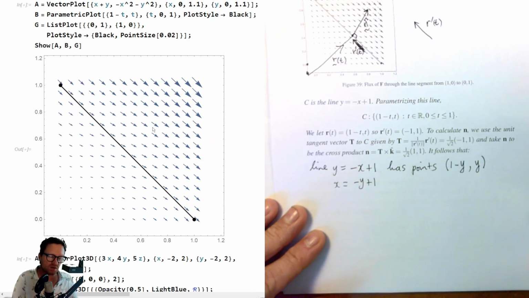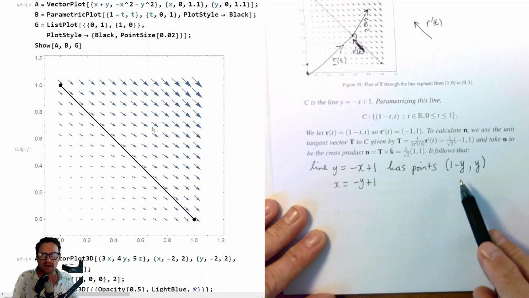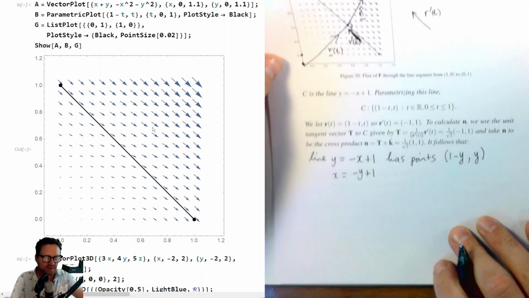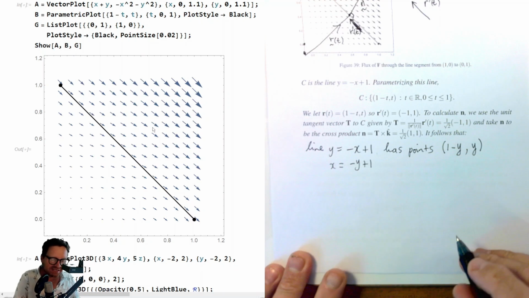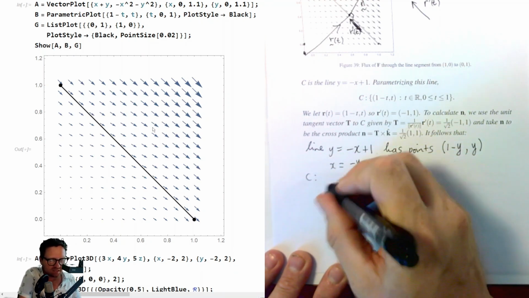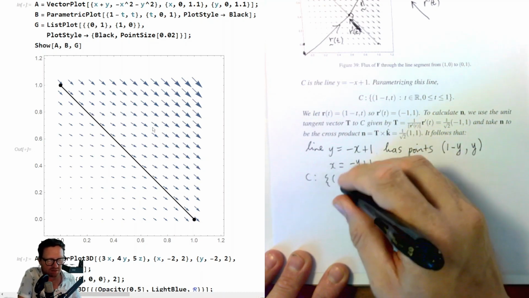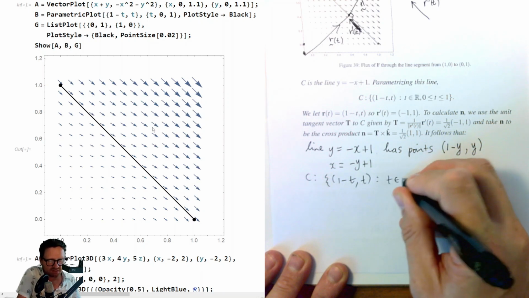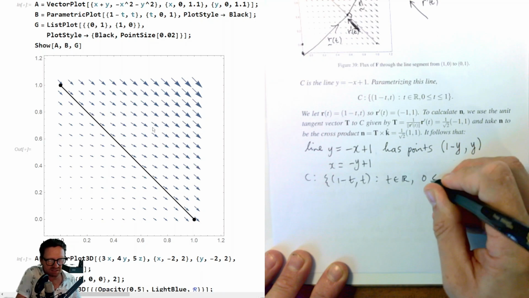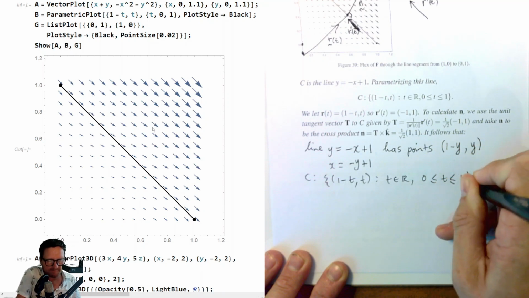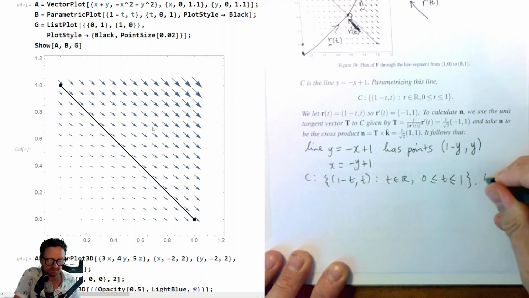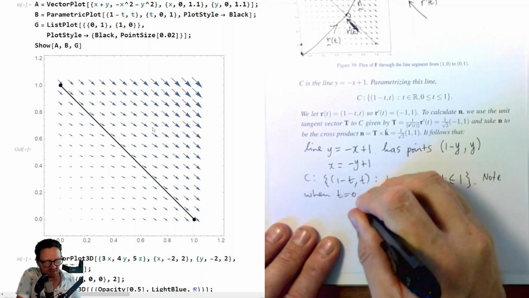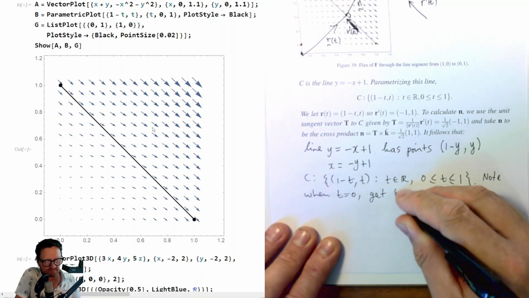But now if I want to talk about a segment of that line, well, I can let that y go between something and something. All right, so now describing that in terms of a different letter, say t. So we've got C being the set of all pairs 1 minus t, comma t, such that t is a real number and t is between 0 and 1. Right, so now notice, when t is equal to 0, we get the point 1, 0.